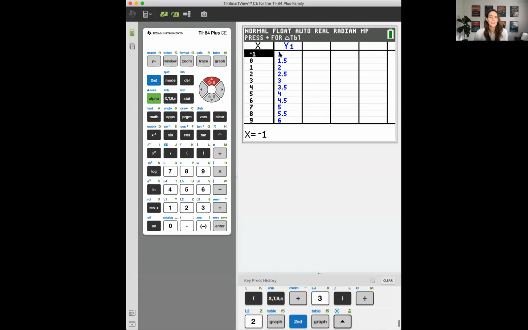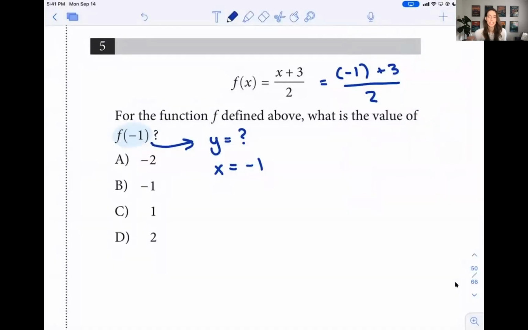If I have a really complicated function question, so it's a really long function, it's a big expression, I am most likely going to opt to just graph the function and use the table instead of solving it by using math. Because if I am adding -1 plus 3, I'm like, okay, that is 2 divided by 2, and that equals 1.